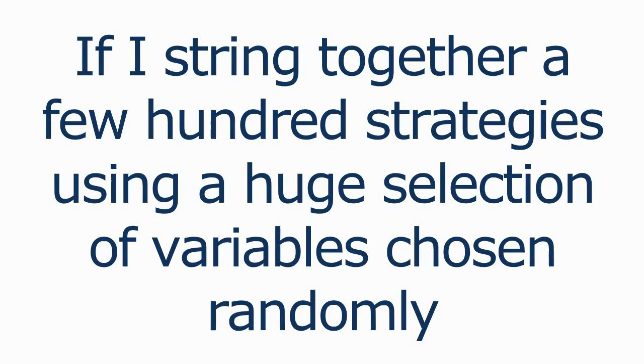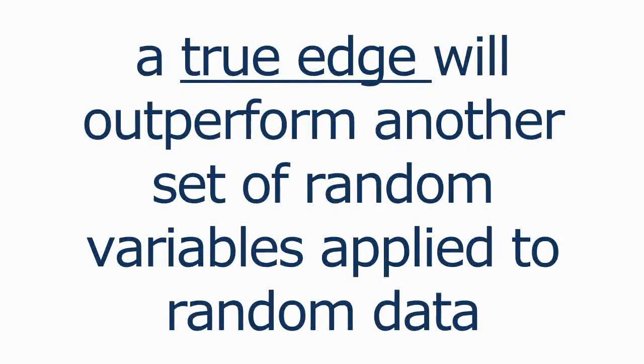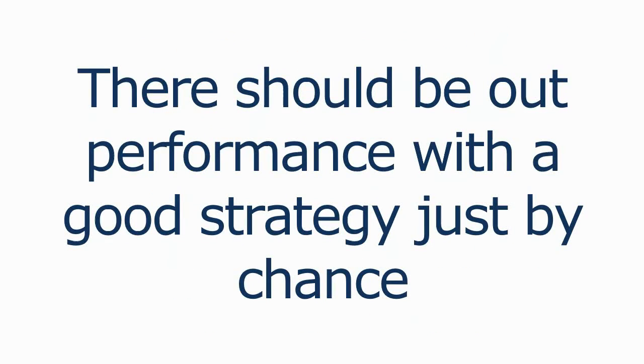If I string together a few hundred strategies using a selection of variables that I choose randomly, as I'm going to show you in a second, a true edge will outperform another set of random variables applied to random data. Now, statistically, since we're using a broad search, there should be outperformance with a good strategy just by chance.